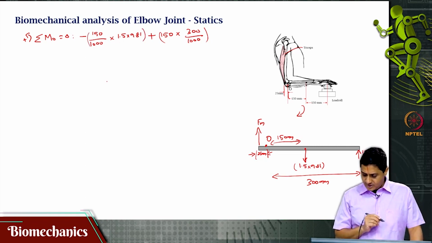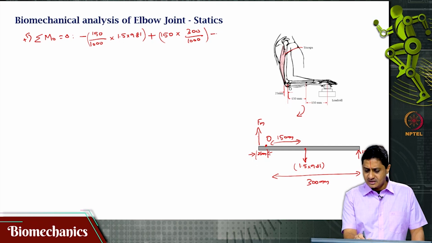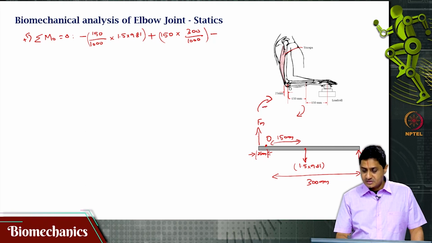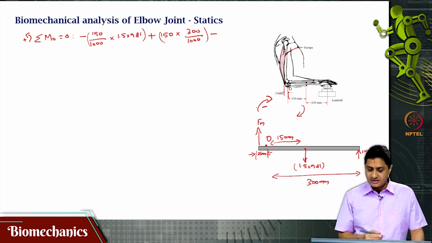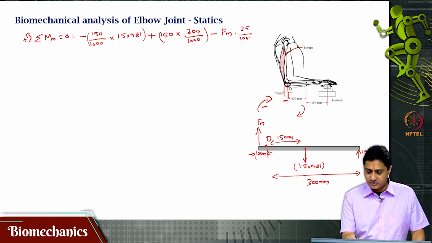Then what else? Of course, there is this muscle force, and that will cause a clockwise moment, is it not? Or rather, it will be negative, minus Fm into the moment arm, which is only 25 mm, 25 divided by 1000.